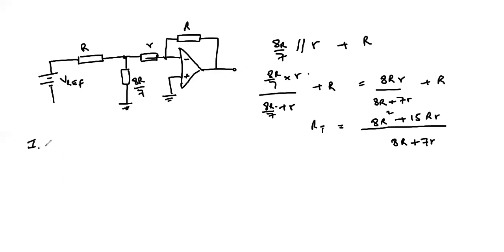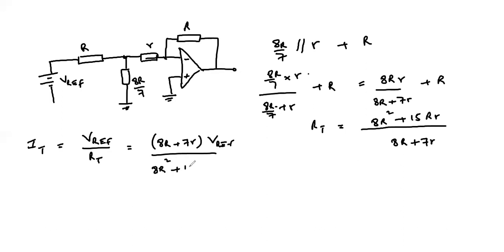Our total current in the network will be the reference voltage, Vref, divided by R total, which will be equal to 8R plus 7r into the reference voltage divided by 8R squared plus 15Rr. So this is the total current, I total.